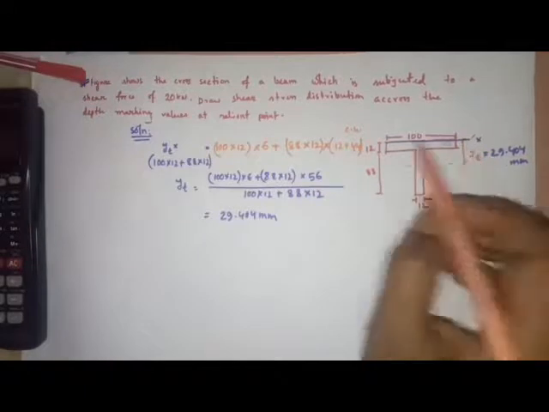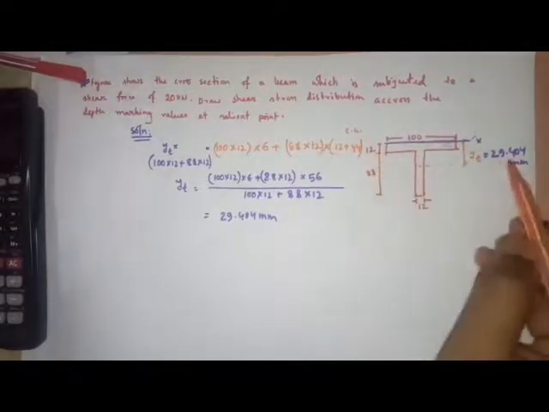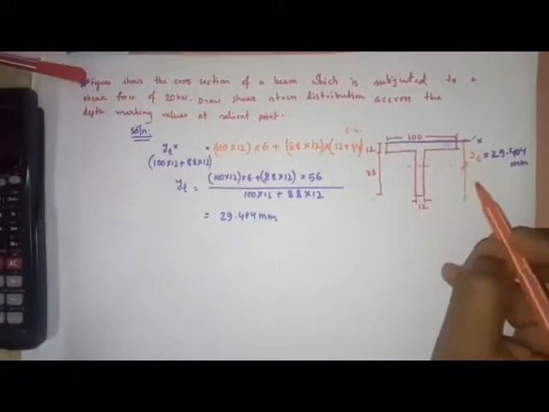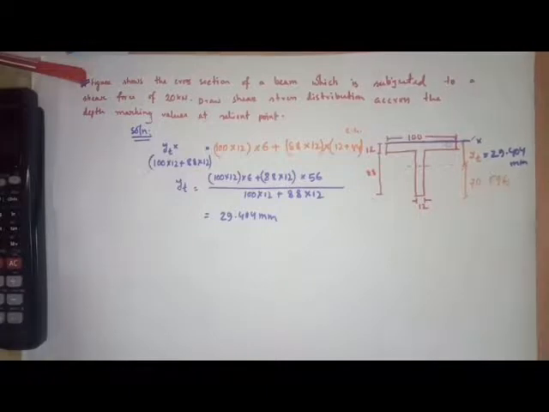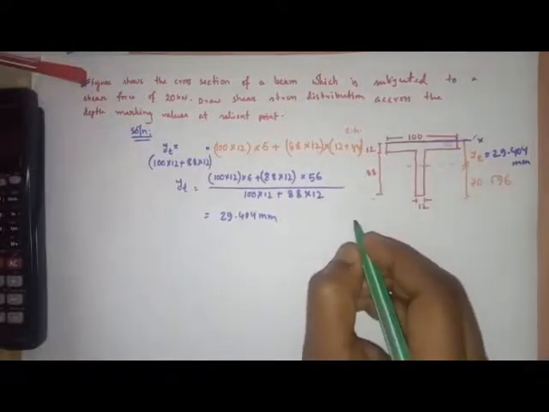Here the total depth is 88 plus 12, that means 100. So this is 29.404, and the other part will be 70.596. Now I am going to find out the moment of inertia for this section. So what will be the moment of inertia?